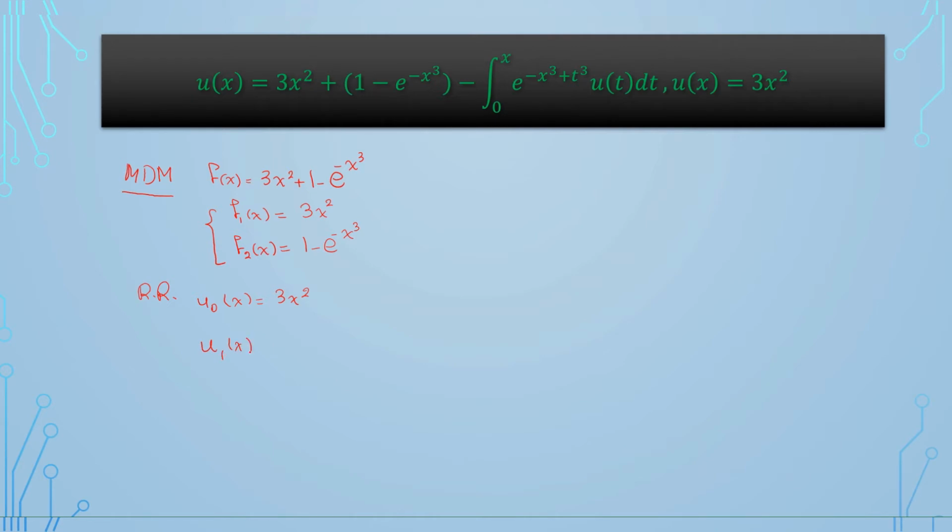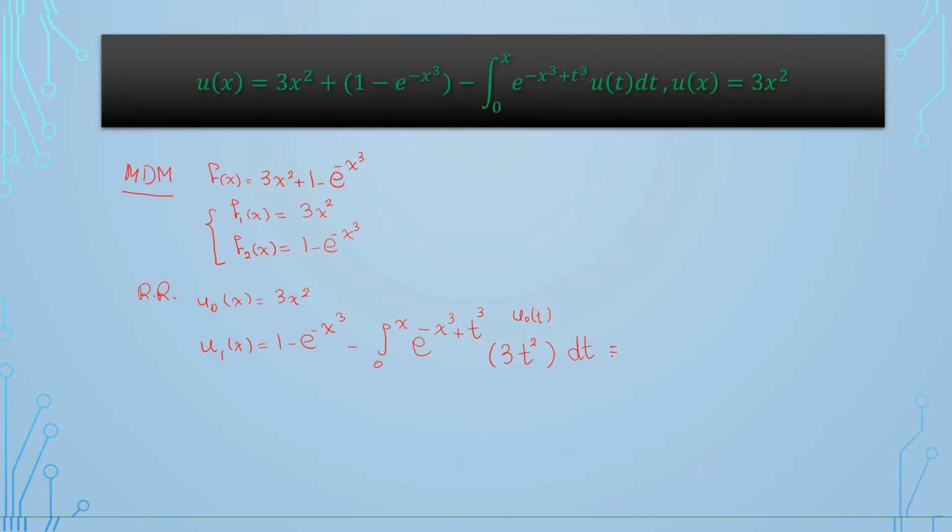u1 of x equal to 1 minus e raised to minus x cubed minus the integration from 0 to x of e raised to minus x cubed plus t cubed, u0 of t, which is 3t squared, dt.